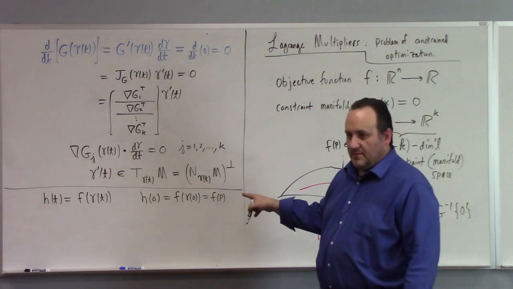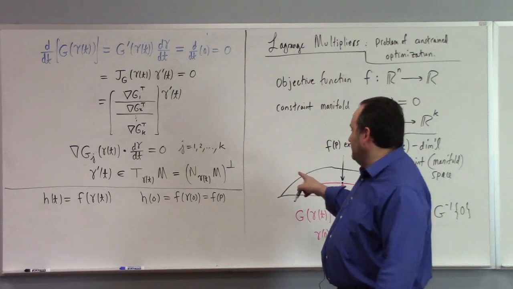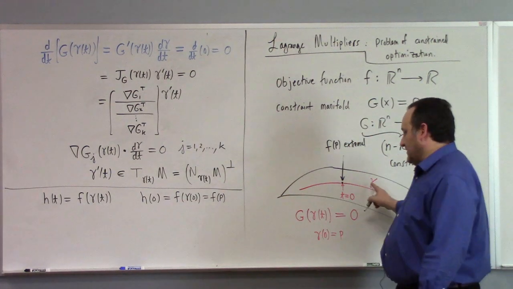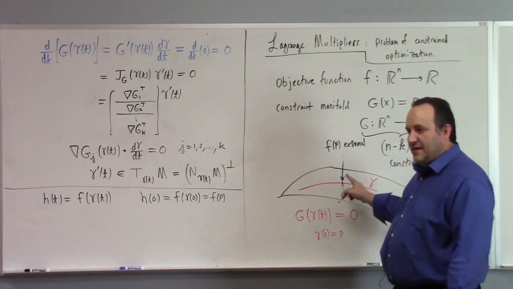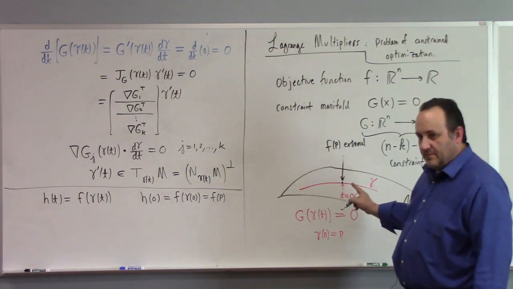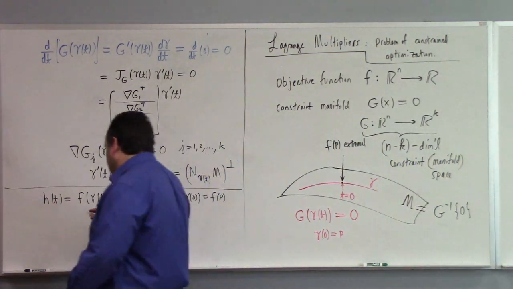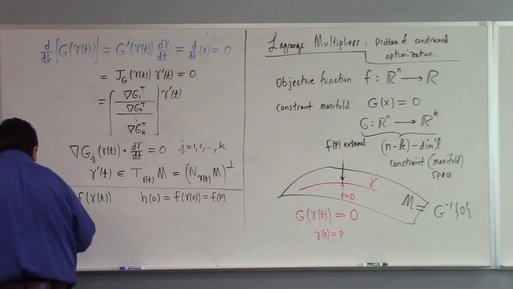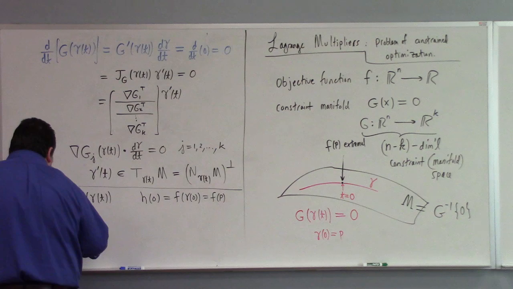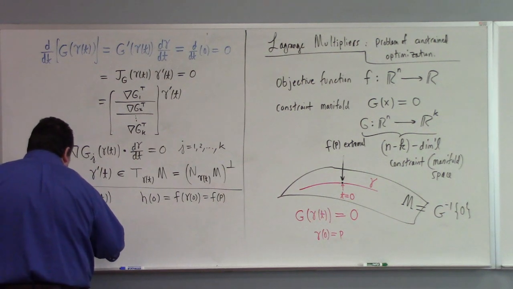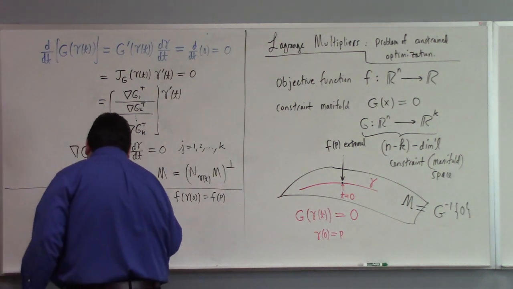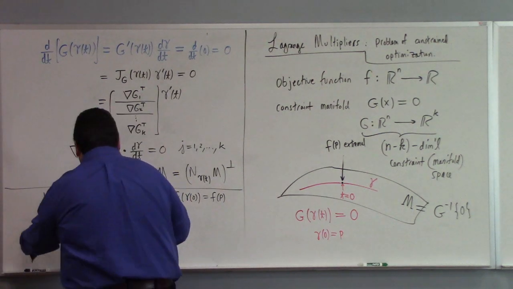So if we look at values of the function that are close to t equal to 0 along the path, that has to be the maximum or the minimum for h along that path. Which is to say that if we calculate the derivative, dh dt, which is equal to the gradient of f at gamma of t dotted with d gamma dt by the chain rule, well, that's just the arbitrary derivative.